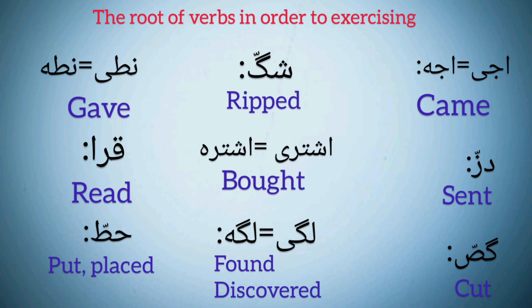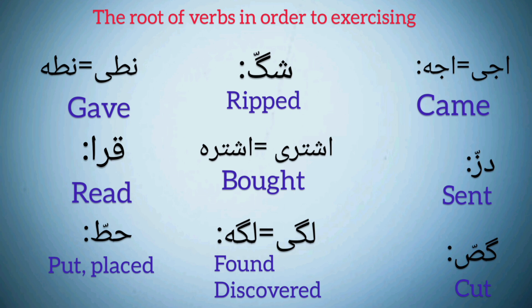And the third one is gus. It basically means cut, and it's a past tense verb. Shag. As you see, this one is also a type of root whose last two letters are the same.